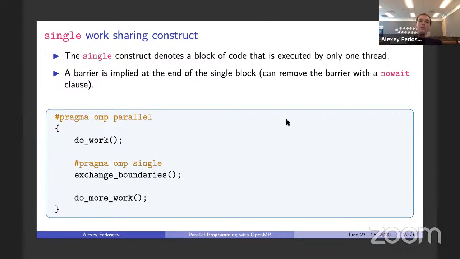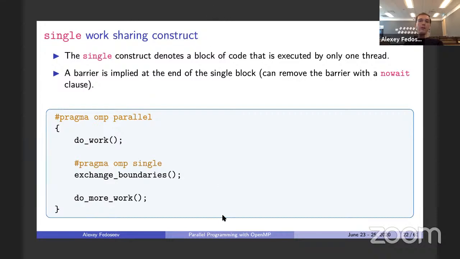So it means that there is a barrier, called an implicit barrier, at the end of the single clause. So only one thread exchanges boundaries. The rest are just waiting for it to finish. And then they're all together, continue doing more work.